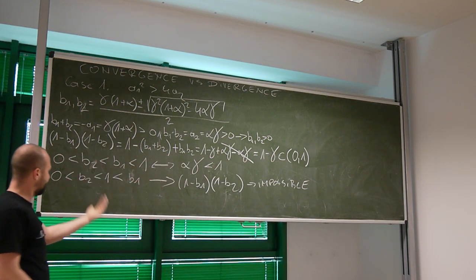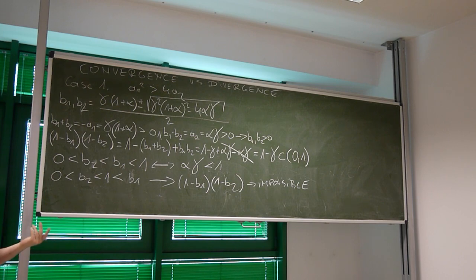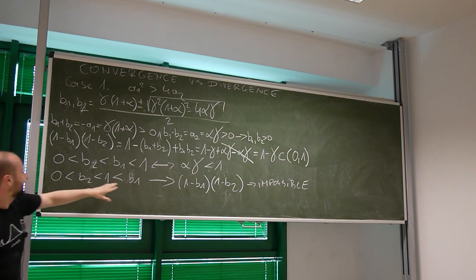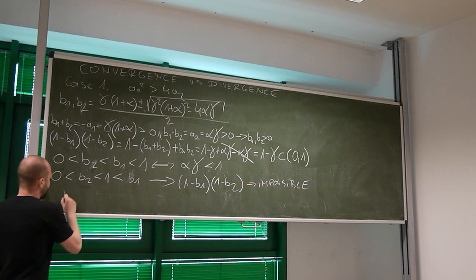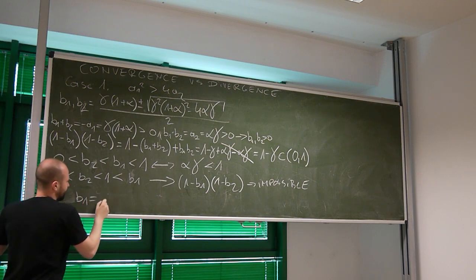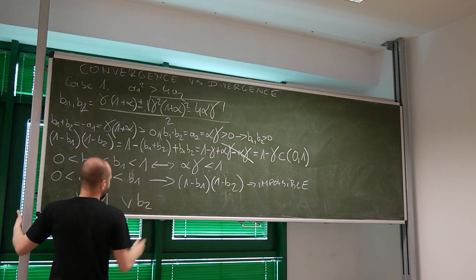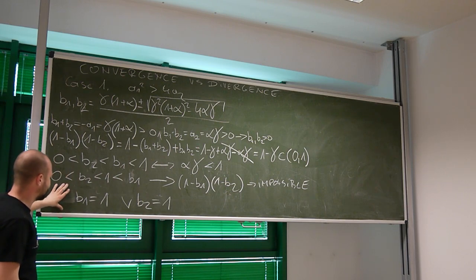Okay, now what if we've got, finally, the case when at least one of them is equal to 1. Look, in this case, if either b1 is equal to 1 or b2 would be equal to 1, of course we do not need to consider both of these cases.